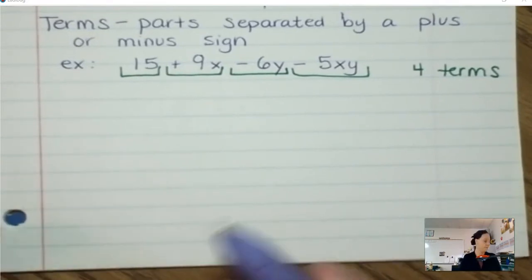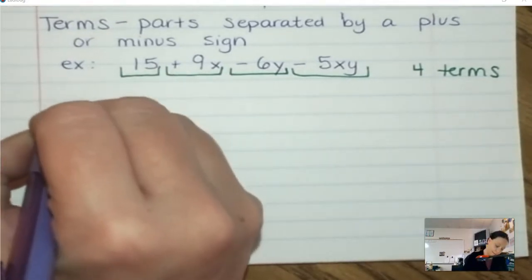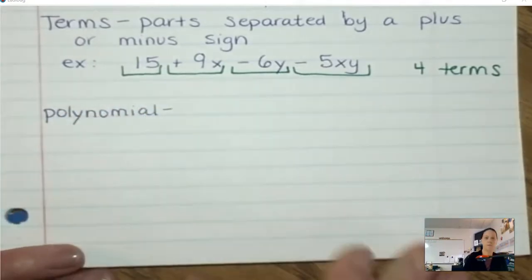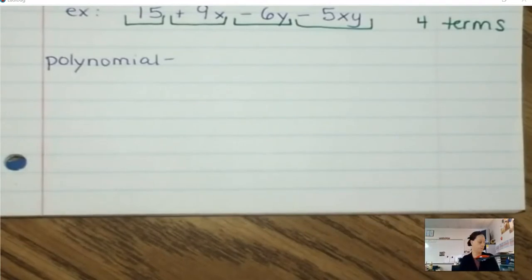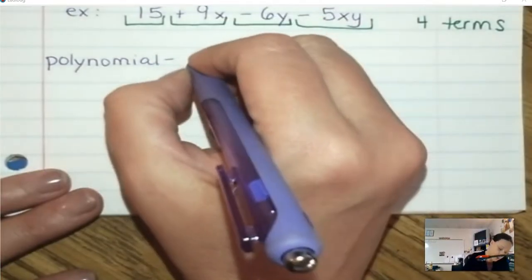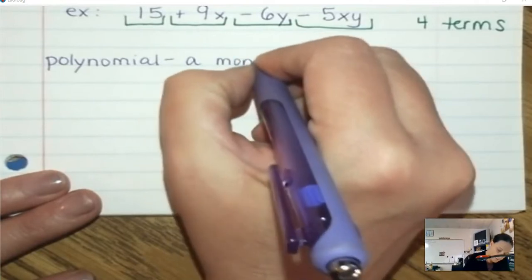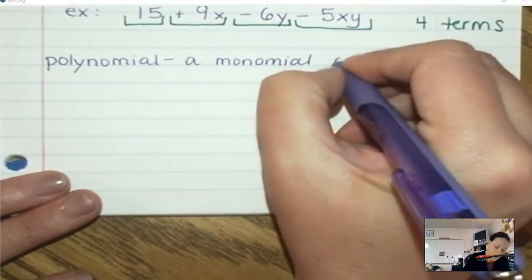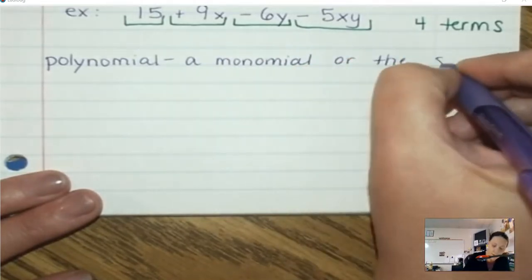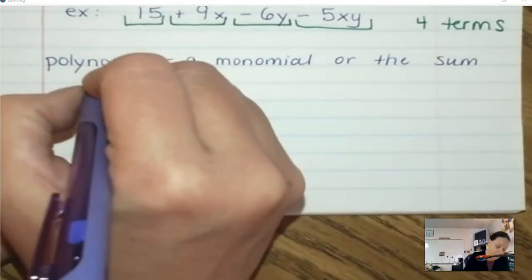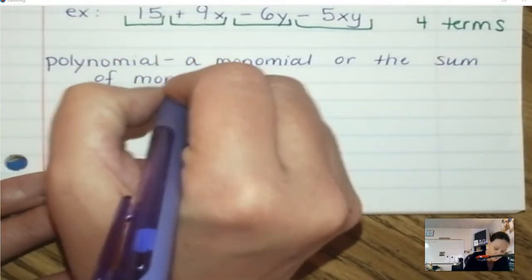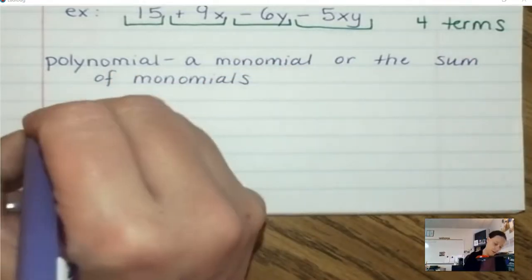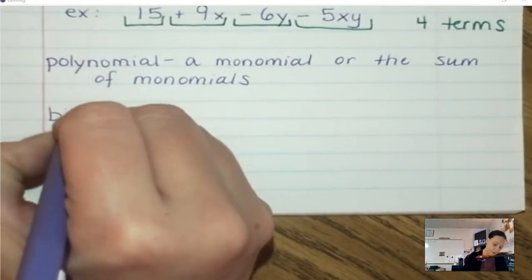Okay, next one, polynomial. That can be a monomial, or the sum, which means adding up, of monomials. Then we have a binomial.